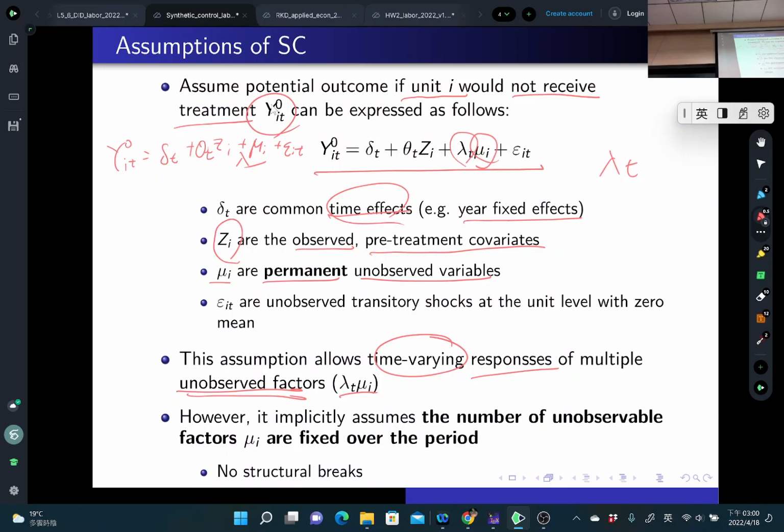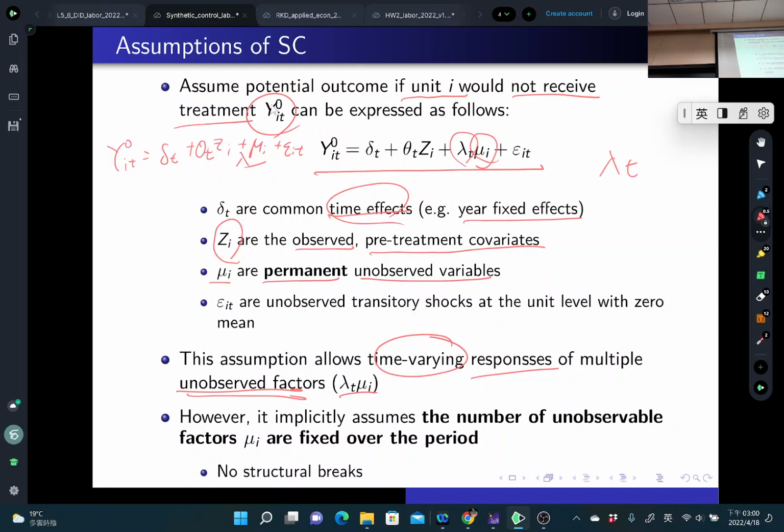That means this does not allow, after treatment happens, more unobserved factors suddenly showing up, because then we cannot estimate. So we assume the number of unobserved factors is fixed over time. So we just fit the pre-treatment period's outcome, which can help us capture all unobserved factors.